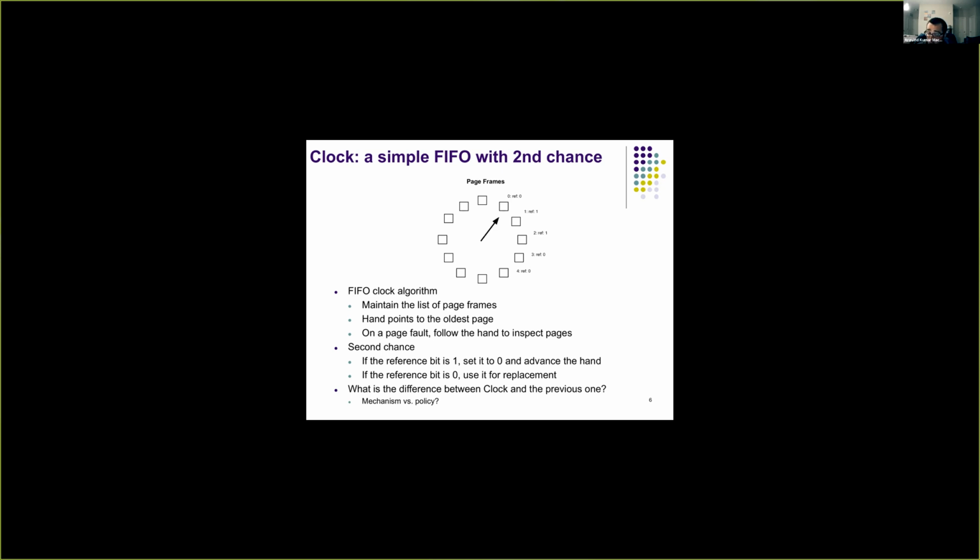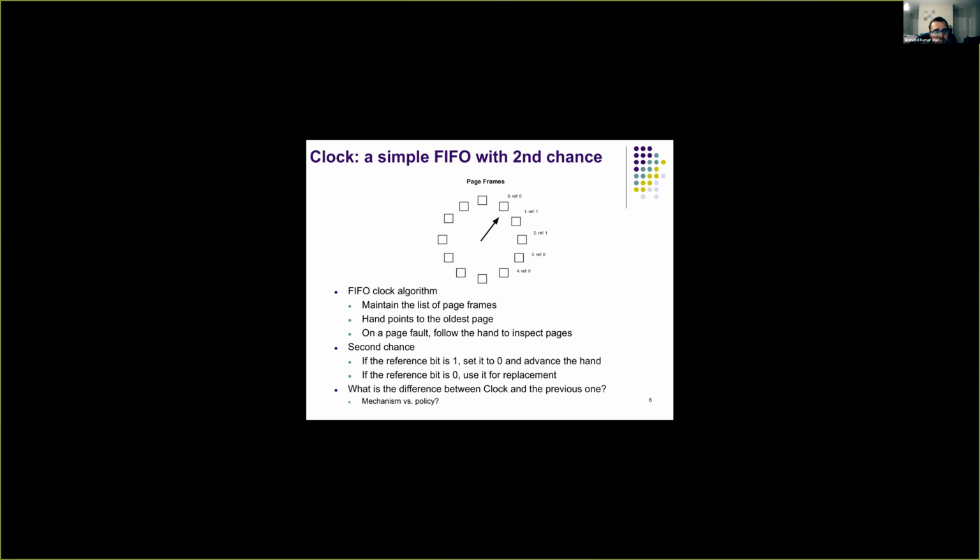If the reference bit is not set, then we select that page as a victim page, we swap the page out, and we get the new page in. And at the end we also reset the reference bit to 0. We don't actually need to reset it because the reference bit is already 0.